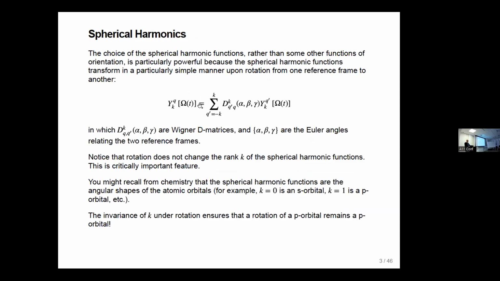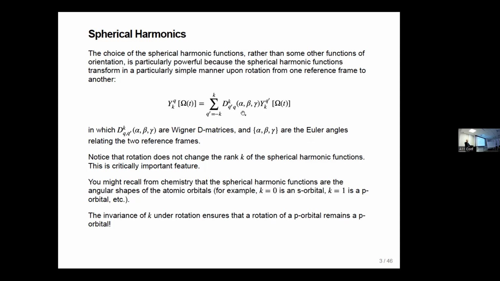And that's reflected in the fact that the rotations of the spherical harmonics are performed by these Wigner D matrices, but the rank K remains constant. So we start with the second order spherical harmonics, we end up with the second order spherical harmonic. So d or p orbitals stay d or p orbitals.